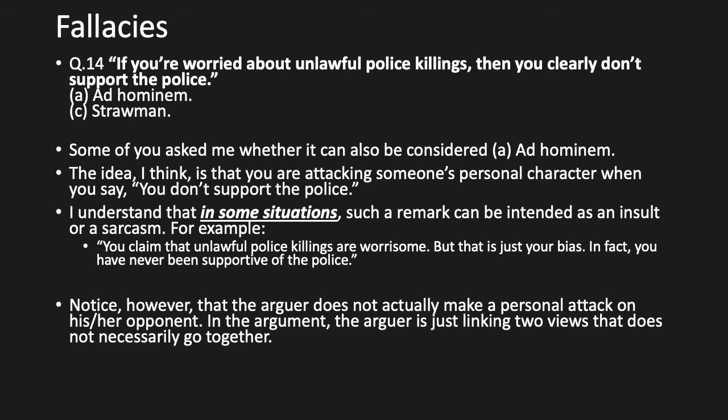That does not necessarily go together, namely being worried about unlawful police killings and being unsupportive of the police. These two do not necessarily go together, right? But the arguer is somehow linking them together. Right? And that's what makes it a straw man fallacy. Okay. But that's not intended as a personal attack on the opponent.